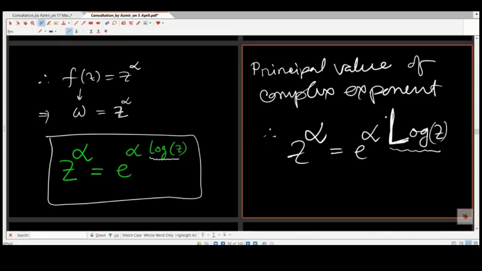And we know how to find this one. This can be found by setting n equals 0.